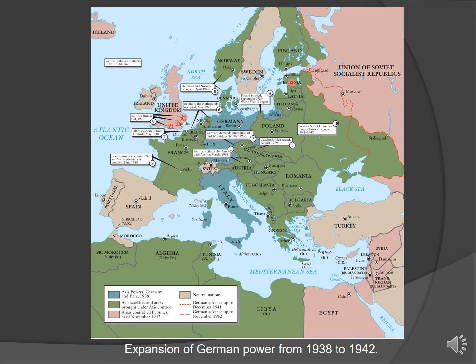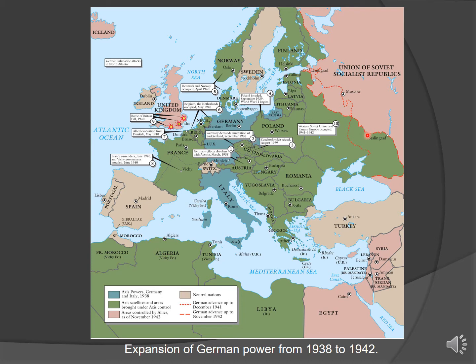And then all the areas here that you see in green, these are all areas that have been conquered and occupied by Nazi forces. So you'll see that their influence is significant by the time we get to 1942, occupying all of these areas of Eastern Europe all the way down to Greece.